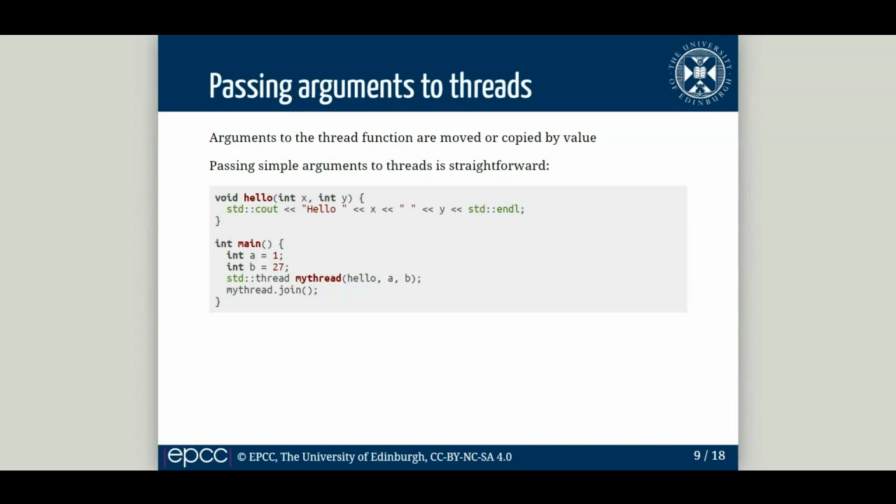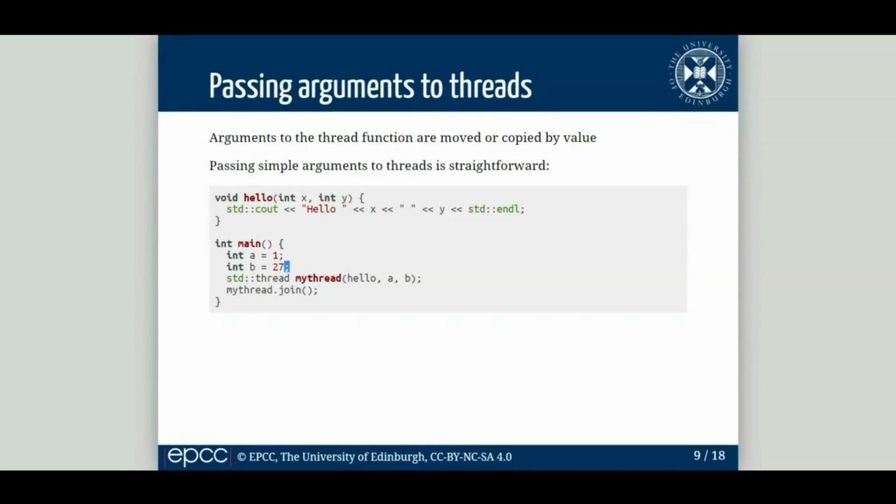Okay, to pass arguments to threads, it's pretty similar. We have this function that will be executed by the thread. You have a function hello with these two parameters, and you print hello and the numbers x and y.